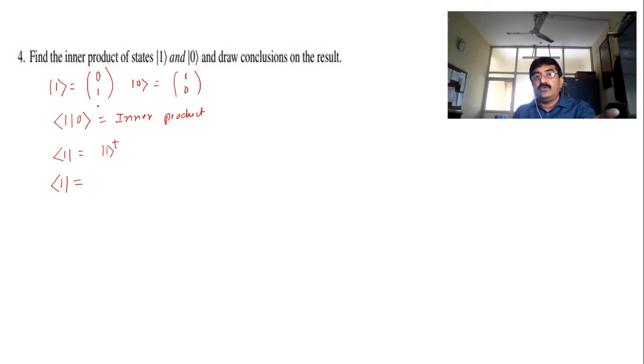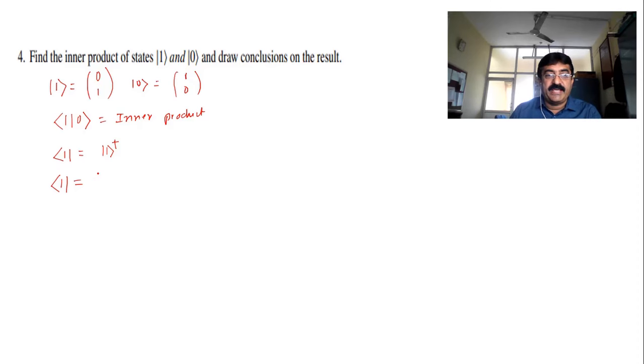I did 2 problems on Hermitian. By now, I hope you know how to find the Hermitian. So, find the complex conjugate and then transpose. Anyway, in the given ket vectors, there are no complex numbers. Therefore, you need not write the conjugate. Simply transpose it, it will become the Hermitian.